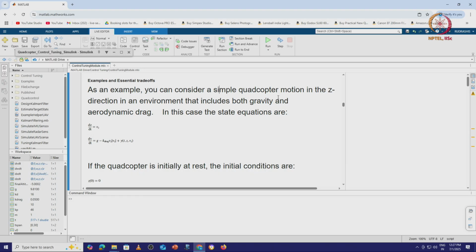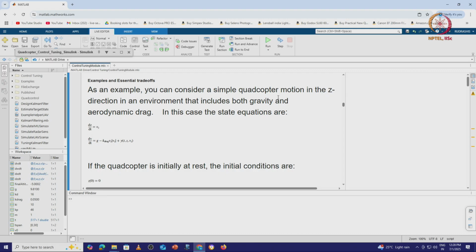If the pilot says I want the height increased by 10 meter and the aircraft takes 10 seconds to reach it, you consume more energy. If you want the aircraft to go to 10 meter instantaneously, then the acceleration will be very high. So you need to understand the conversion of the demand to the response characteristics.